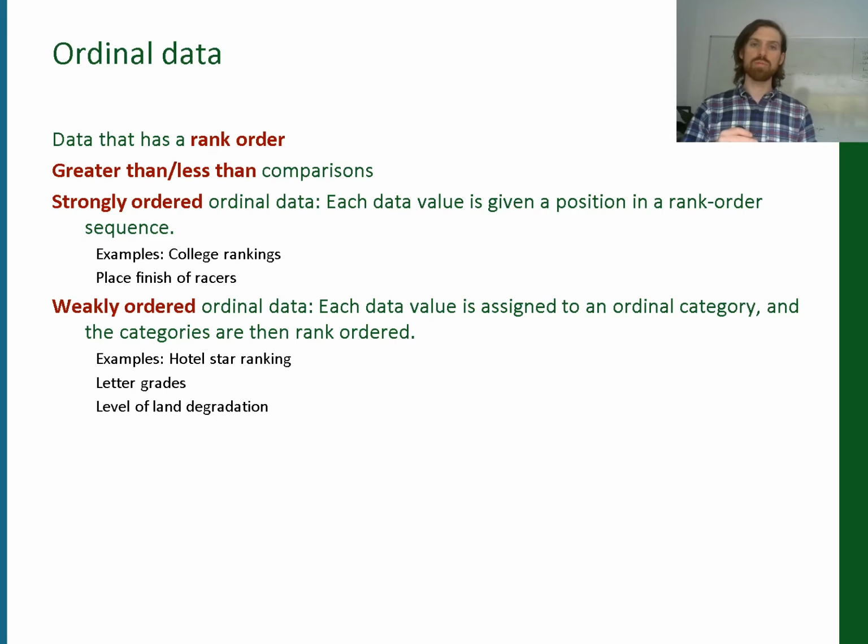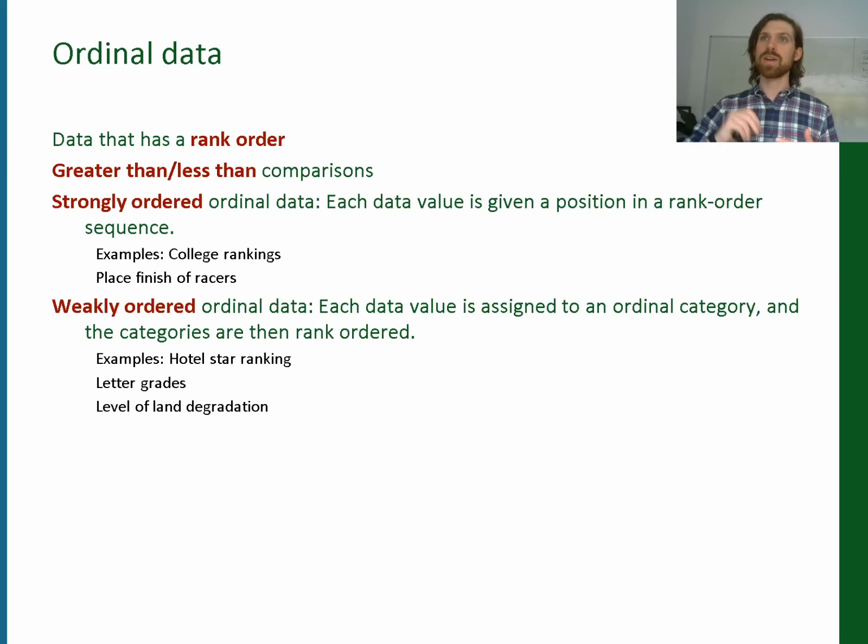So the key here to remember is that ordinal sounds like order, and therefore you can think of it in that way. And you can have either strongly ordered data or weakly ordered data. So if you're looking on TripAdvisor and there's a ranking between 1 and 5, then maybe that type of data is relatively weakly ordered in comparison to a discrete ranking of colleges, where generally most colleges will be somewhere in that ranking based on a discrete number.